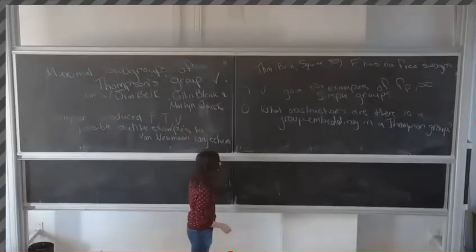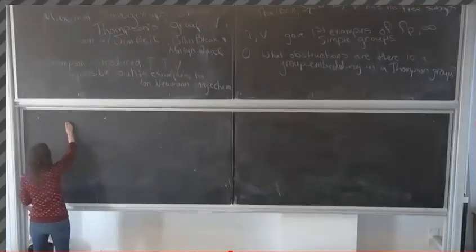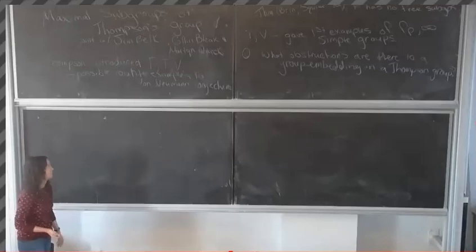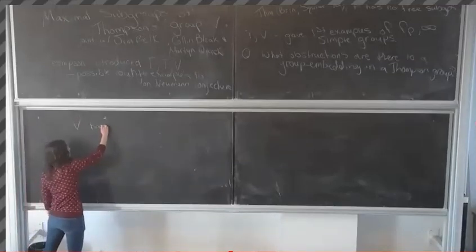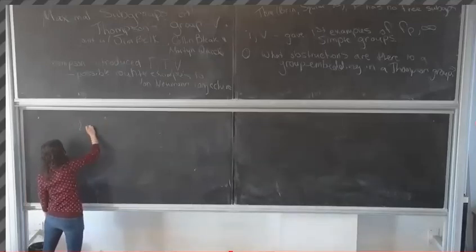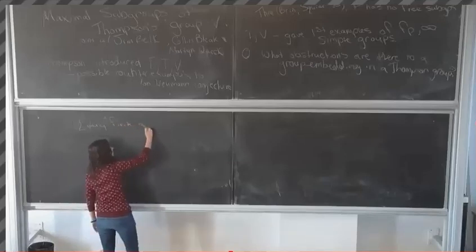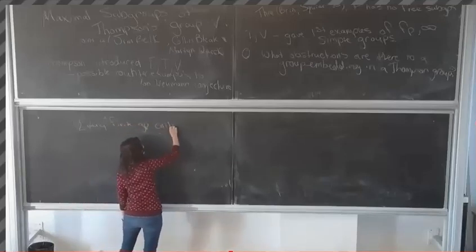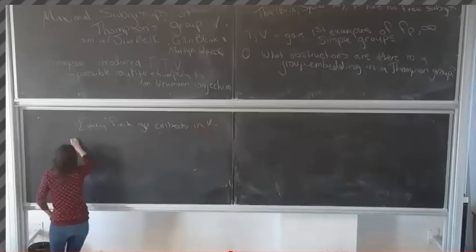So for instance, as we've already seen, the focus of today's talk will mostly be on V. And I'll say that every finite group embeds in V. Similarly, you can get free groups.